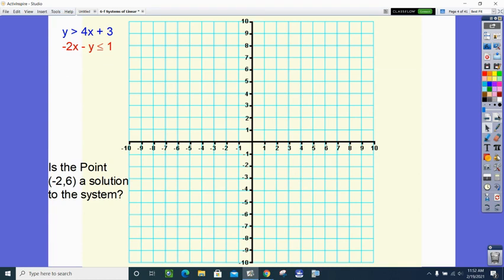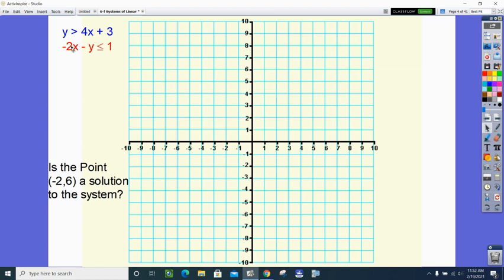So what we did in the last video is we're going to graph both of these inequalities, but we're going to do the first one, y is greater than 4x plus 3, and do its shading. If you want to use one color, or you could make horizontal lines for the top one.